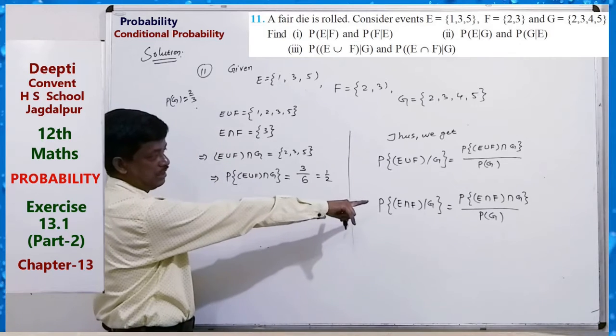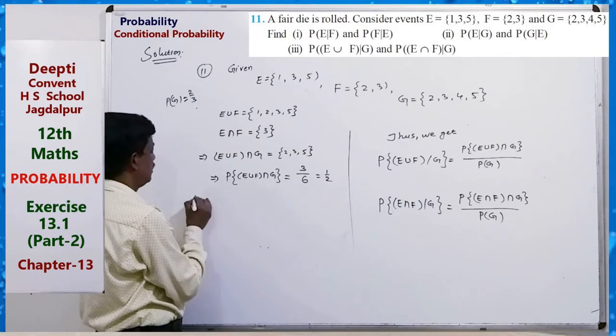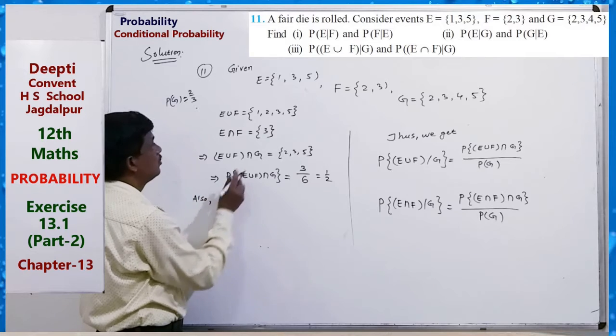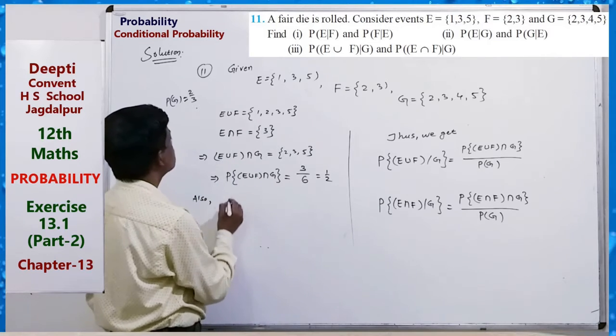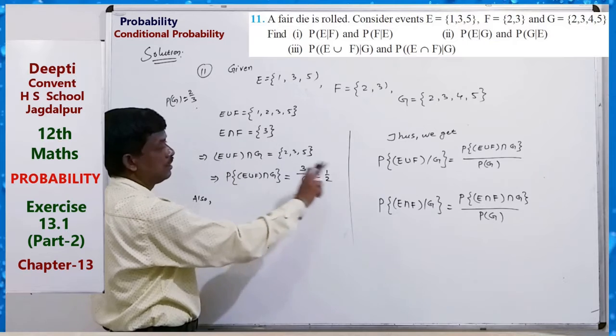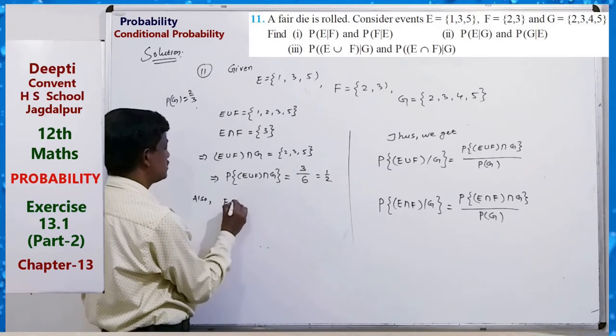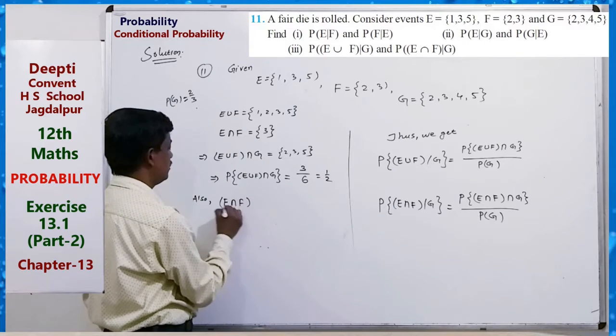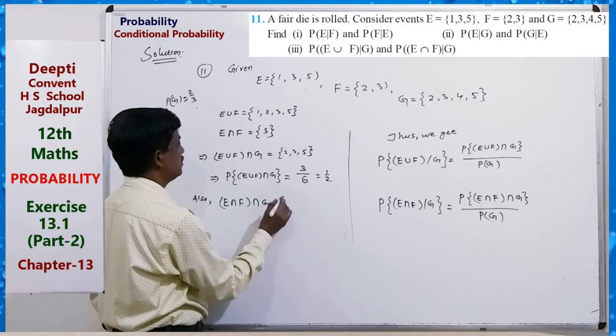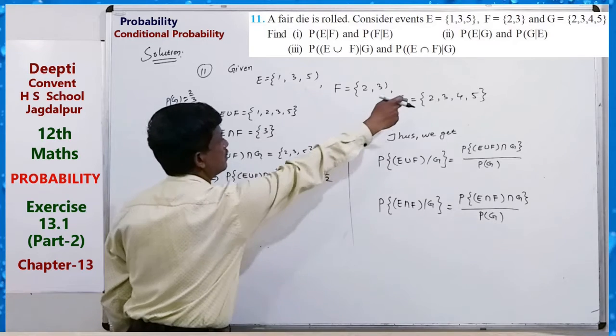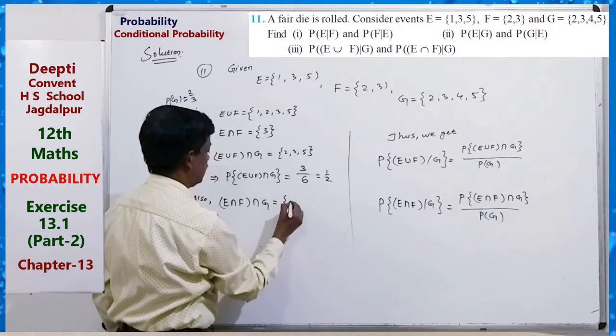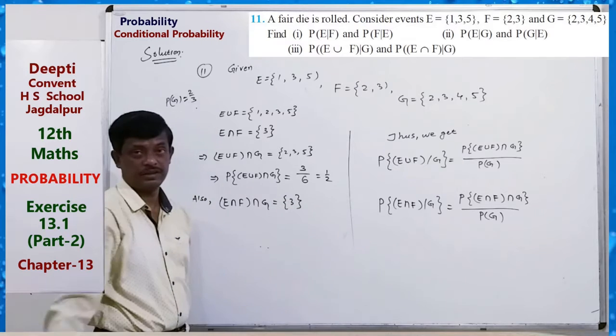Also for the second, E intersection F intersection G: this intersection this gives only 3.